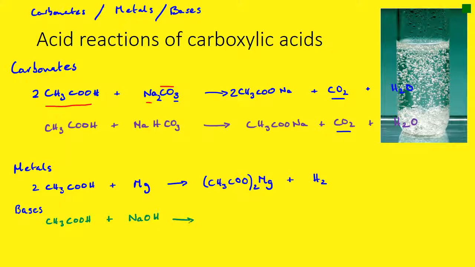And just as before, when you react an acid with an alkali or a base, you're going to get a salt plus water. In this case, our salt is going to be sodium ethanoate again. So again, we're going to write our ethanoate ion out first, CH3COO, and that's got a minus charge to it, and our sodium's got a plus charge to it.